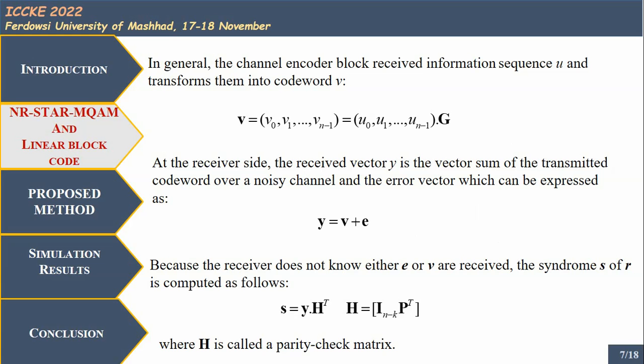At the receiver side, the received vector Y is the vector sum of the transmitted code word over a noisy channel and an error vector, which can be expressed as Y equals V plus E. Because the receiver knows neither E nor V, the syndrome S of Y is computed as the equation expressed, where H is called the parity check matrix.